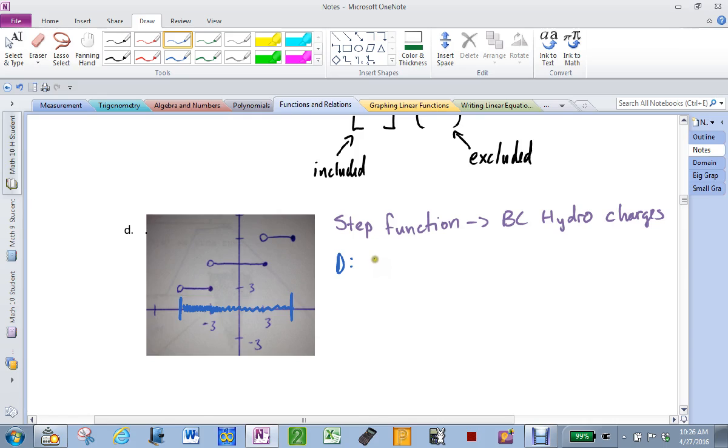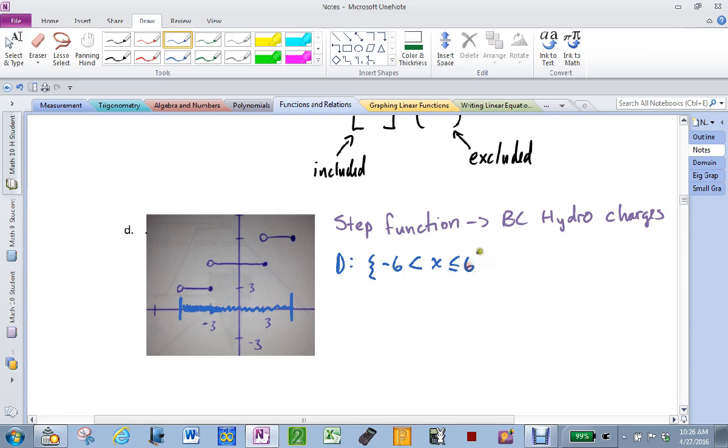I'm going to go set notation first. What's the lowest value? Negative 6. Is it included? I'm just going to keep staring at you till you decide. It's excluded. So negative 6, x, and what's the highest value? Positive 6. Is positive 6 included?